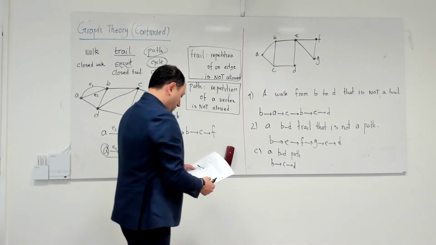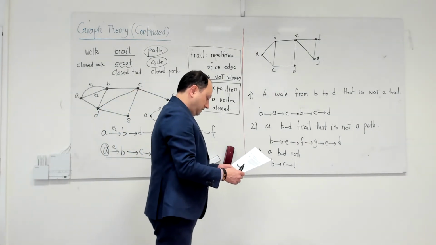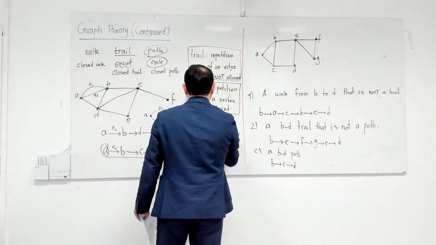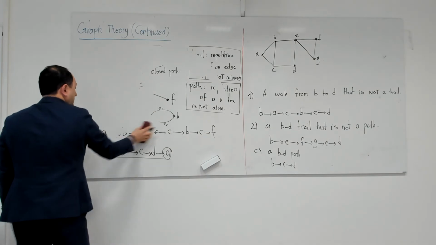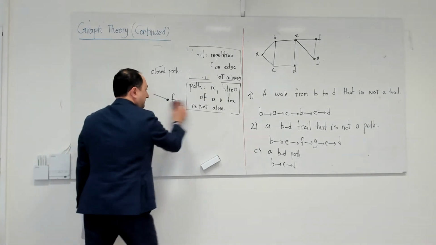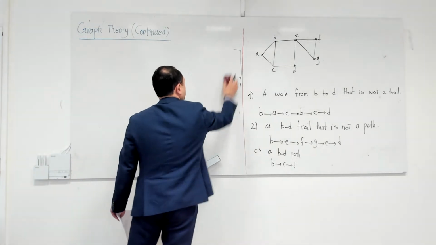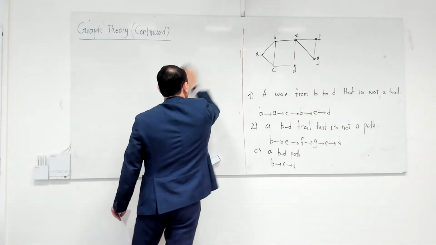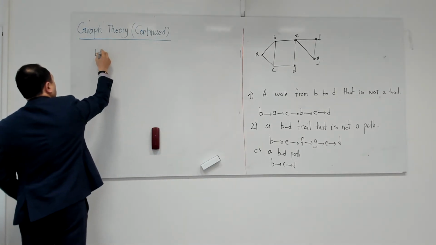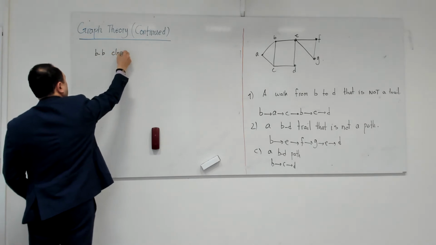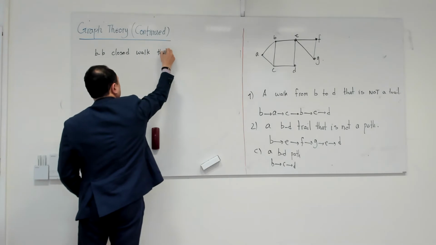So part D, a closed walk from B to B that is not a circuit.